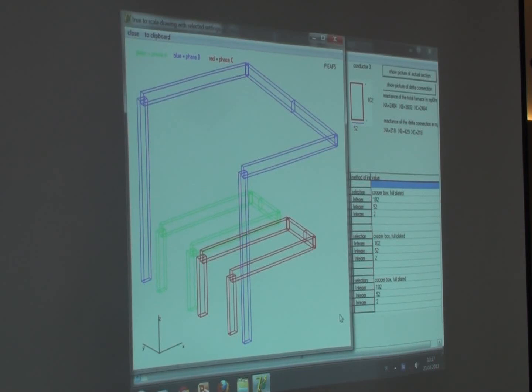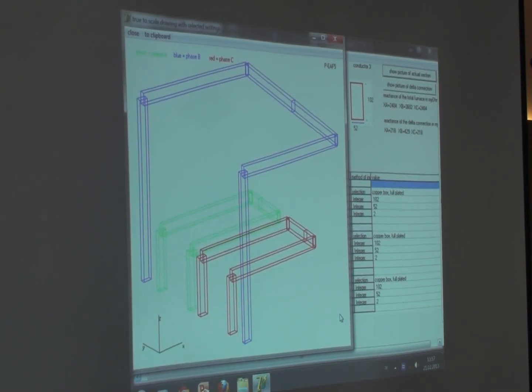XAB is 5x, XBC is 5x, XCA is 5/2x. This means these and these are high values that belong to this big loop, and this little loop from here to here between A and C is small, 5/2x.